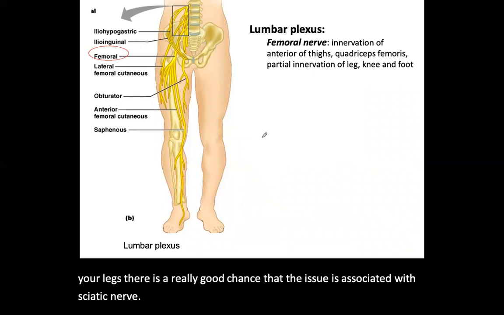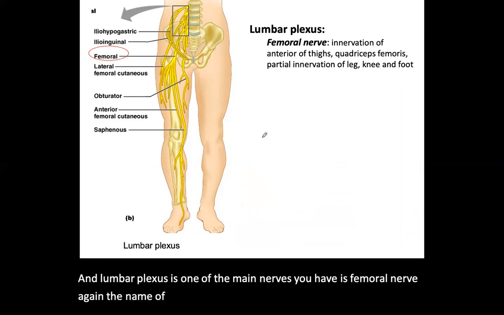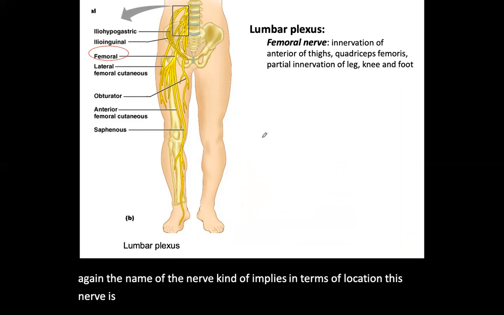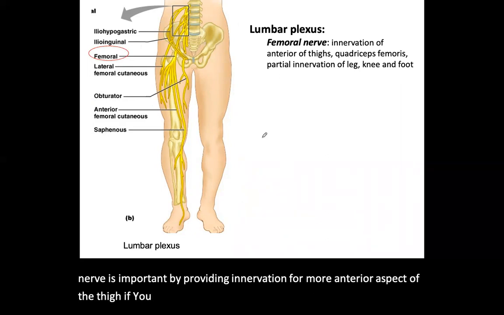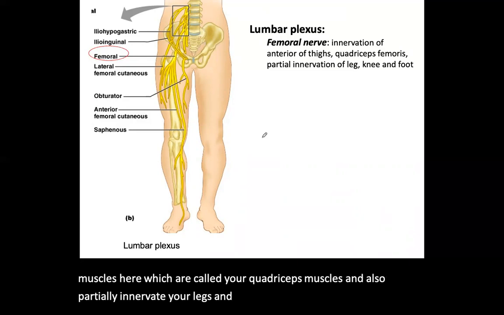And the lumbar plexus, one of the main nerves you have, is the femoral nerve. Again, the name of the nerve implies its location. This nerve is important by providing innervation for the more anterior aspect of the thigh. If you recall the names of your muscles, you have 4 main muscles here, which are called your quadriceps muscles. And you also partially innervate your legs all the way down to your knee and foot.